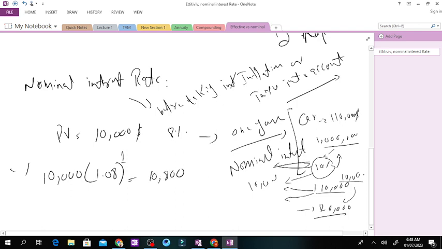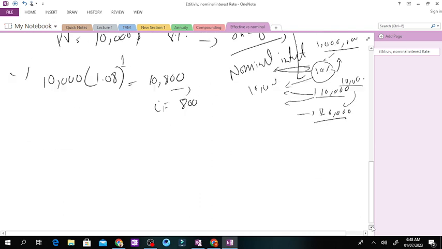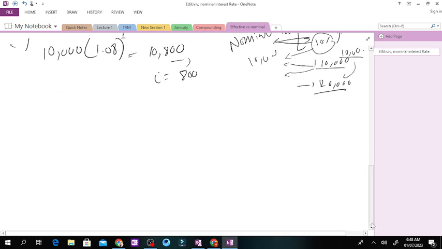So you are earning 800 interest at the end of year one. That was the condition for 1 year, so you need not calculate the effective interest rate. Just keep in mind condition number one, when you are in an annual system, you don't need to calculate any kind of effective interest rate.